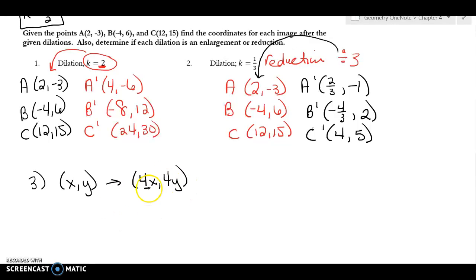This is just an enlargement, and you would multiply everything by 4 because the scale factor is 4. So sometimes you're going to see it written like this, but you just have to realize it's telling you to multiply those by 4.